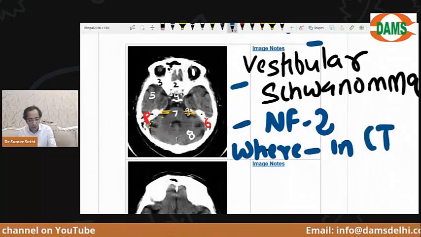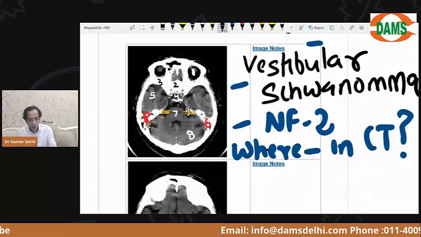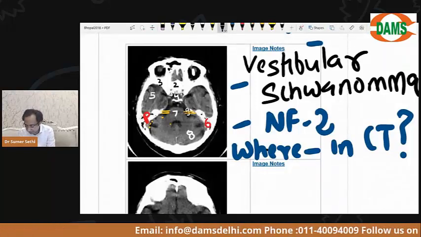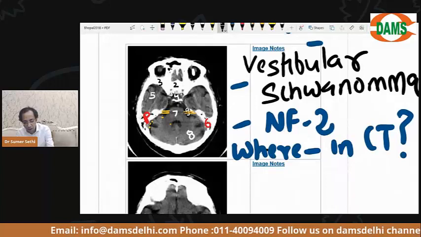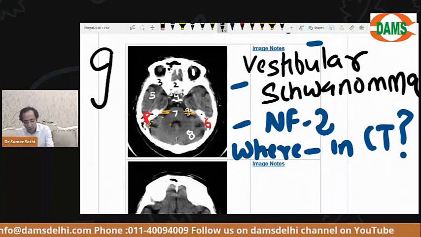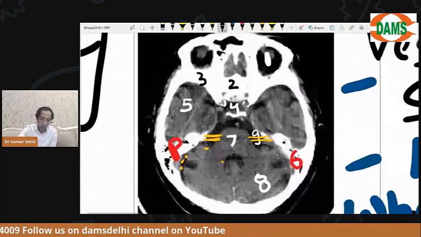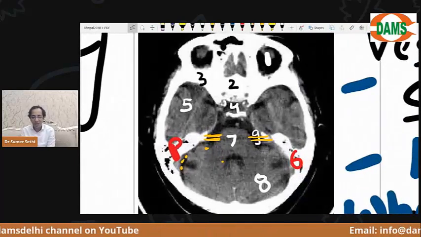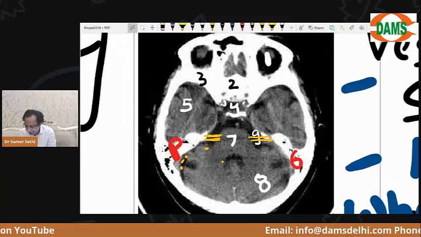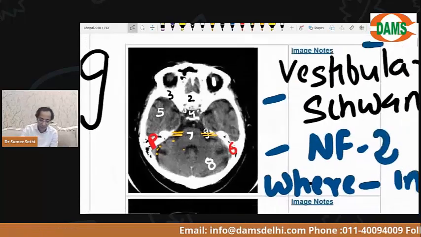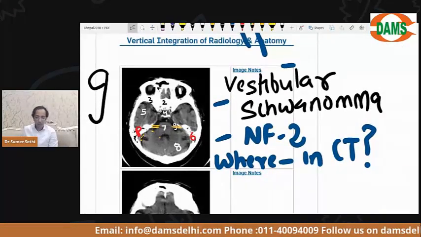Where in the CT brain will you look for it? We will look for vestibular schwannomas in the CP angle, which is at number 9. Everybody clear? Brilliant.